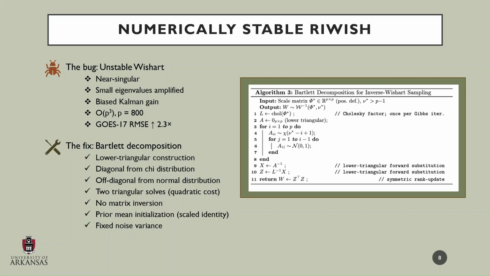We further stabilize the sampler by initializing the prior means as a scaled identity matrix and fixing the noise variance during the early burn-in period. The result: numerical stability restored, GOES-17 accuracy recovered, and the sampler converges reliably across all 20 time steps.